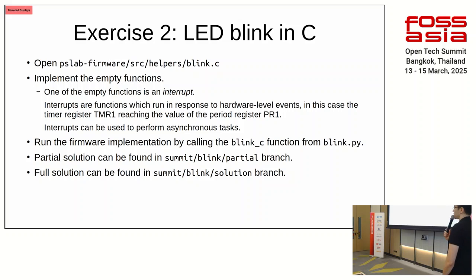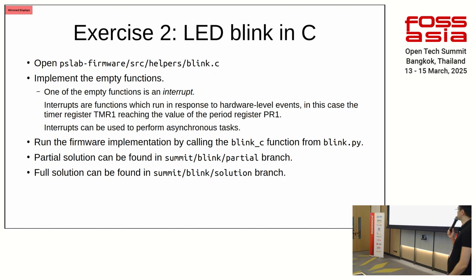An interrupt, if you're not familiar, is a function that runs in response to some hardware level change. And in the case of this exercise, that hardware level change is the value of a timer register, timer 1, reaching the value of another register, the period register PR1.